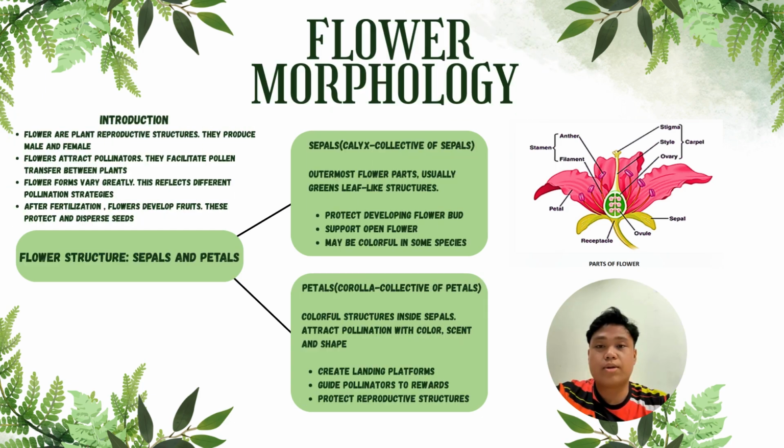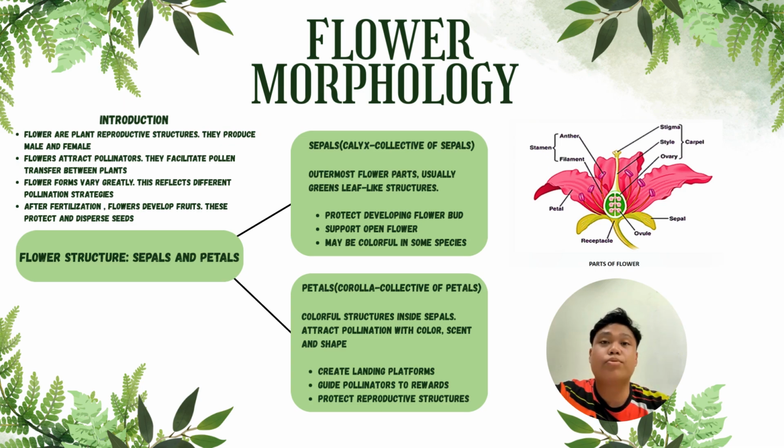So today I want to tell about flower morphology. First, flower. It is a plant reproductive structure. They produce male and female parts. So the structure of the flower is sepals and petals.